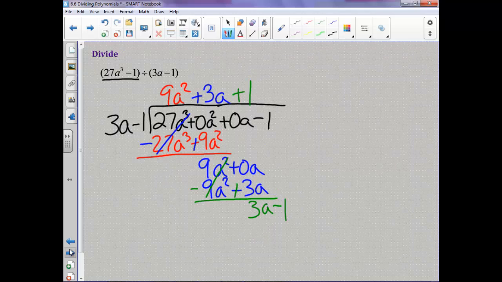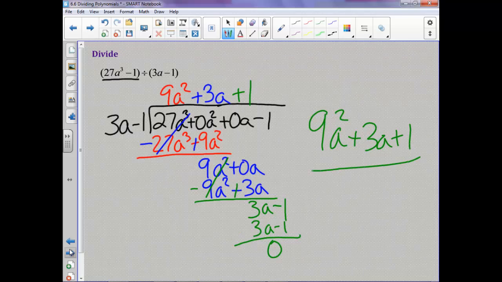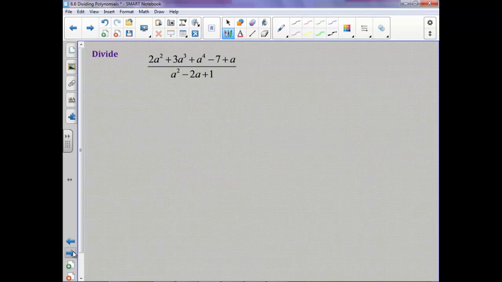And it goes in once, so we add our 1, and we're done because that's a remainder of 0. So our answer is 9a squared plus 3a plus 1. Now this one, even though it's a fraction, we can rewrite it.